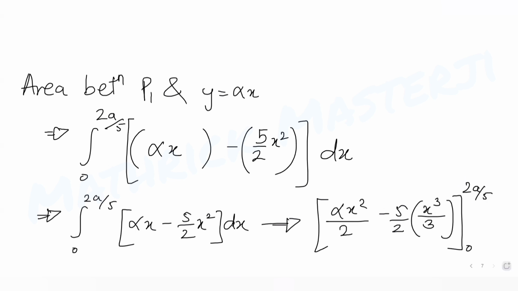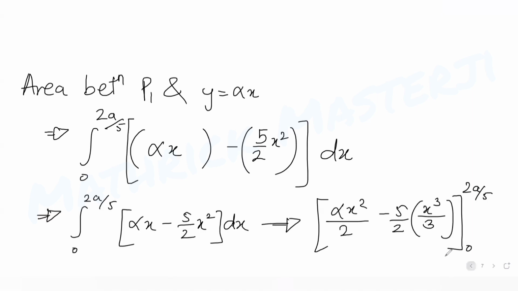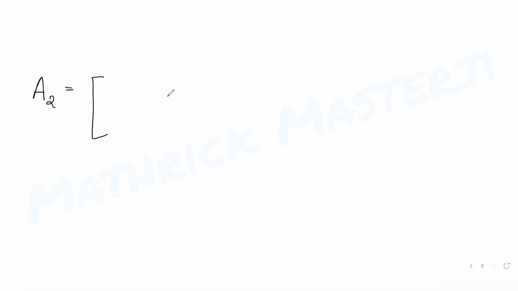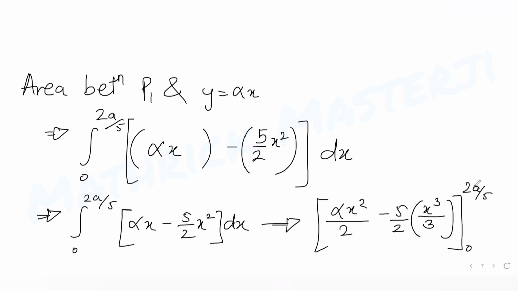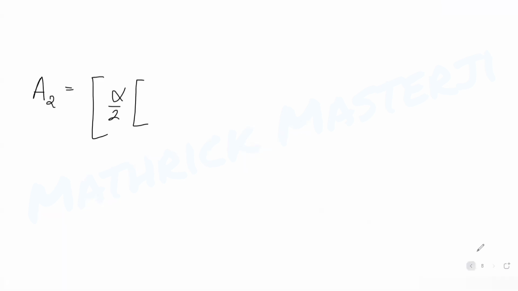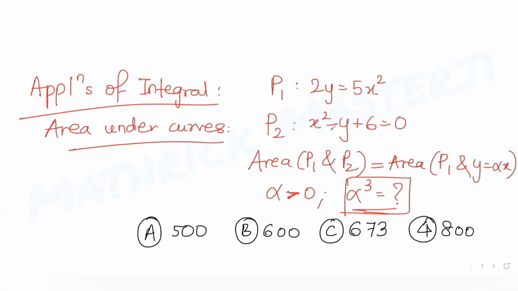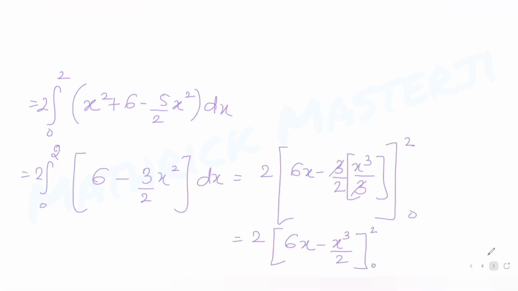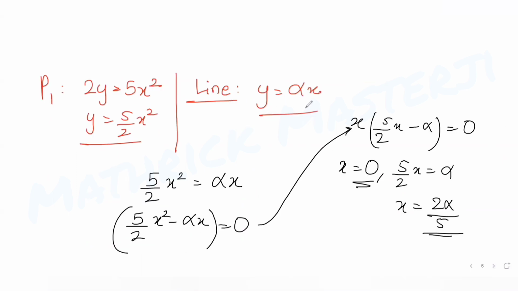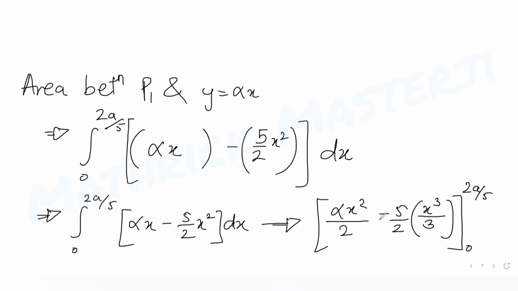So you get the area between the parabola and the line, let's say A2, as equal to, first, alpha by 2 and x square. Since in the entire question you have y equal to alpha x and you have been asked to find the value of alpha cube, the limits are 0 and 2 alpha by 5.